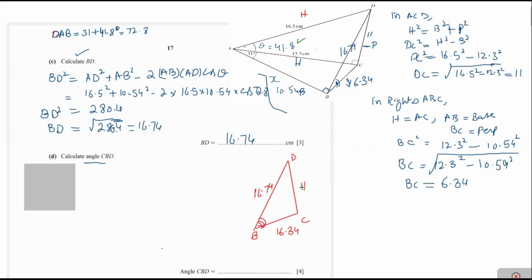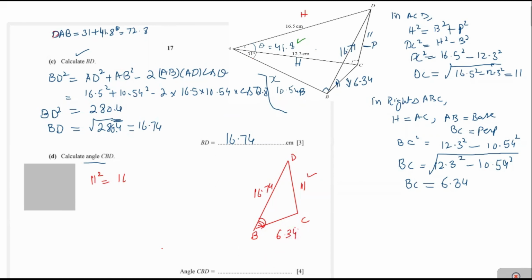Now if three sides and one angle are related, we use the cosine rule. We again use the cosine rule.